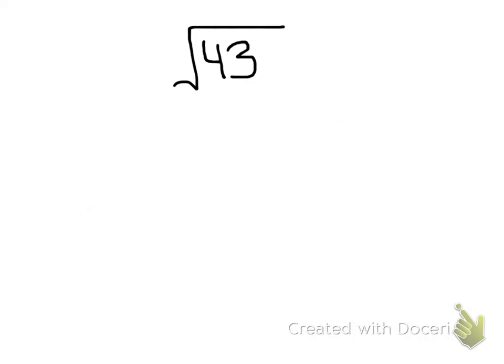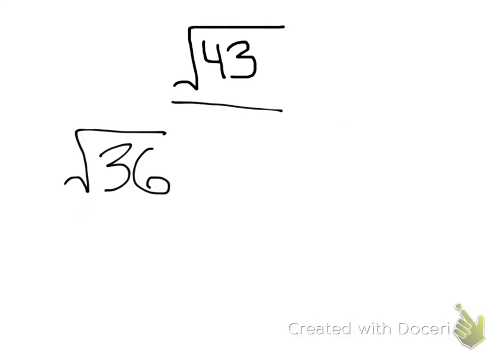Let's try another estimating problem. So now we have the square root of 43. That is not a perfect square, so let's think, what's the closest perfect square less than 43? And that answer is the square root of 36. And what's the nearest perfect square greater than 43? And that answer is the square root of 49.